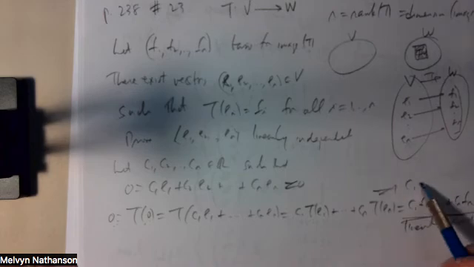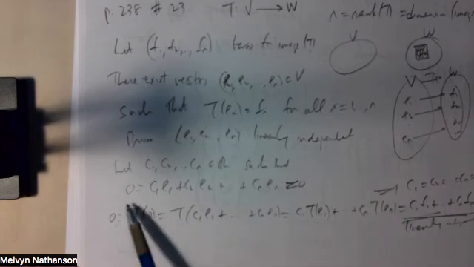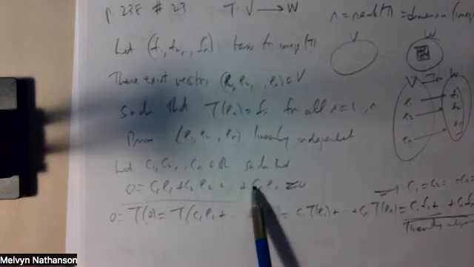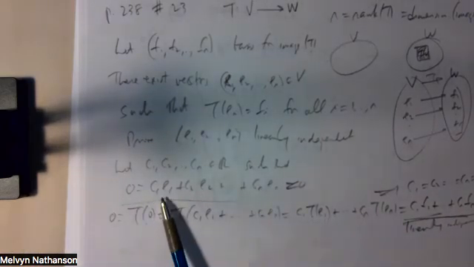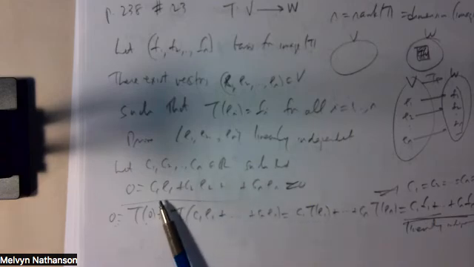So all of these scalars have to be 0, which means these coefficients, the same numbers. So the only linear combination of E1 to ER which is 0 is the trivial linear combination with every coefficient 0. And that means the vectors E1 up to ER are linearly independent.